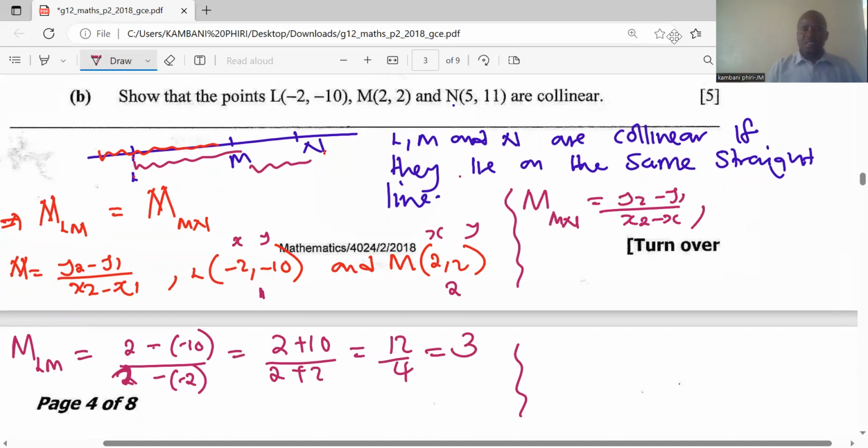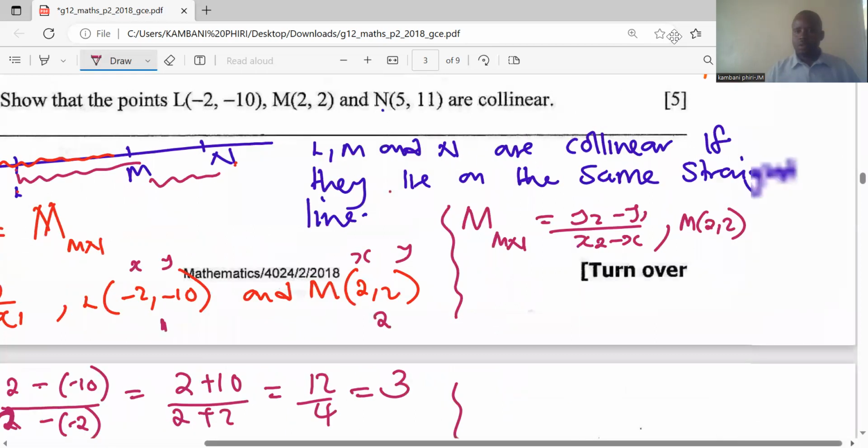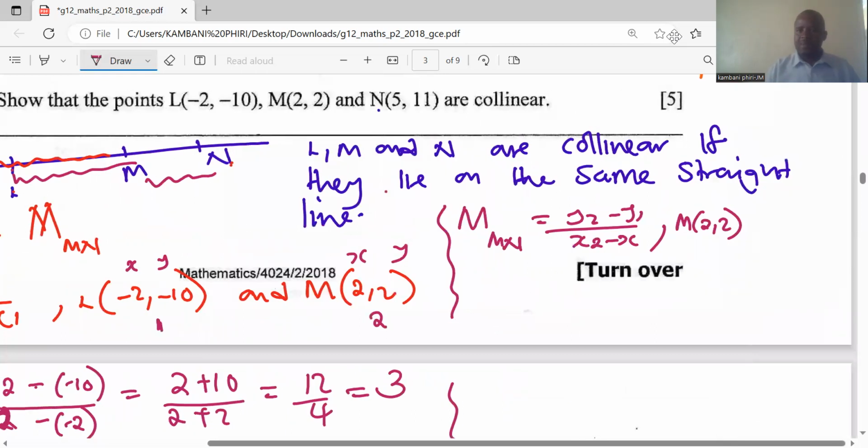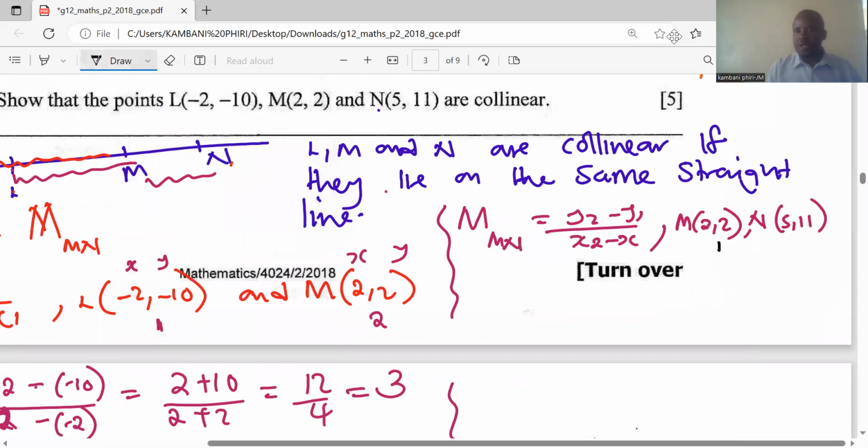Now, what is our M? Our M is (2, 2), and our N is (5, 11). So we can say this is point 1 and this is point 2, xy, xy.